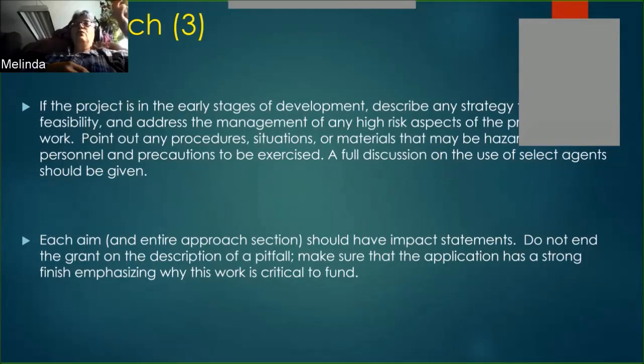Then also, I typically have that impact statement at the end of the second aim. And then the last thing you want the reviewer to read when they're reading your approach section is an explicit description of the impact, so that they are again reminded why this work is so important and why it needs to be done.